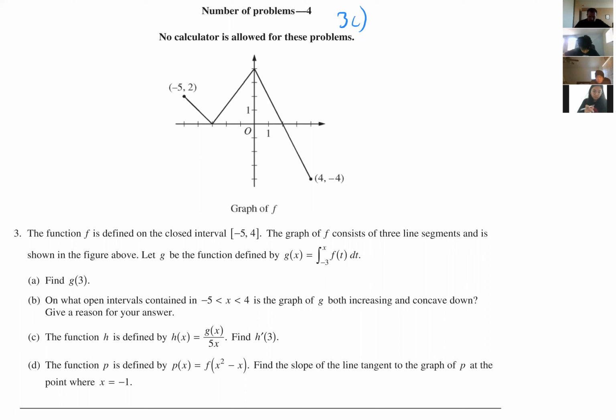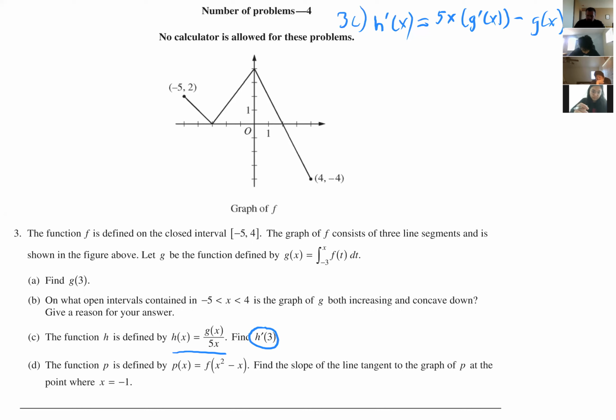So for this one, if I want to find h prime of 3, I have to first take this function here and find the derivative. So you're going to have to do quotient rule whenever you have a variable on top and bottom. So doing quotient rule, ho d hi minus hi d ho over ho ho.